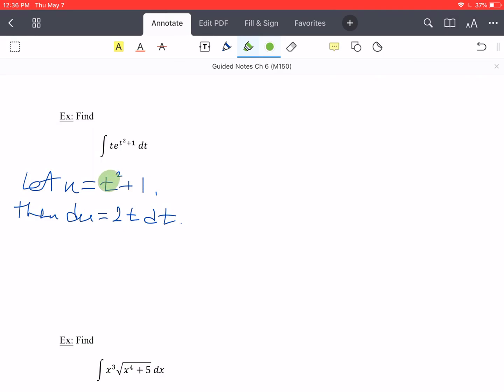Okay, so let's see what we got here. I got t squared plus 1, that's going to cover my power. And then I've got t dt is this right here. But notice we have an extra factor of 2 in this du expression. This doesn't match up exactly, so we can't do the substitution exactly like this. What we can do, in order to make this match perfectly, all I want is the t dt.